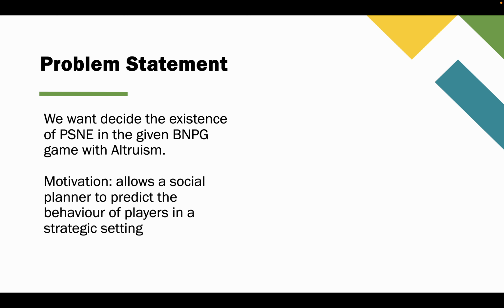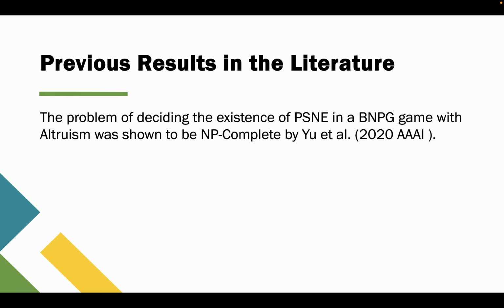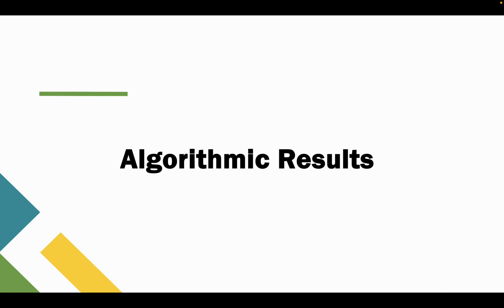But the main goal is to decide whether the game has a PSNE or not. There has been some prior work on this. It was shown that this problem is NP-complete in general.